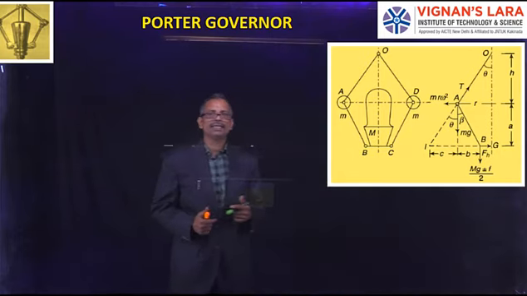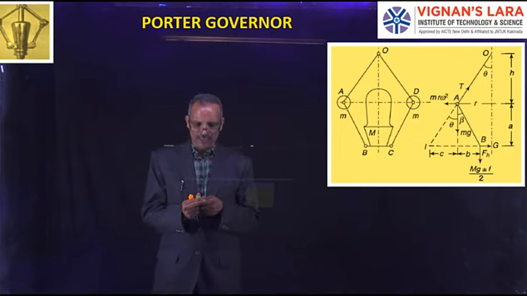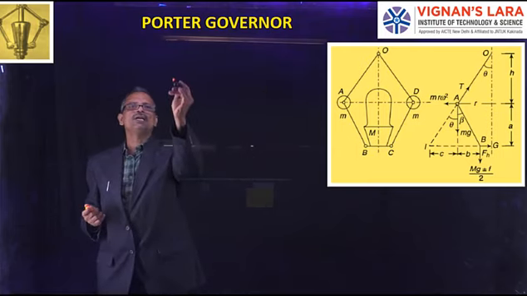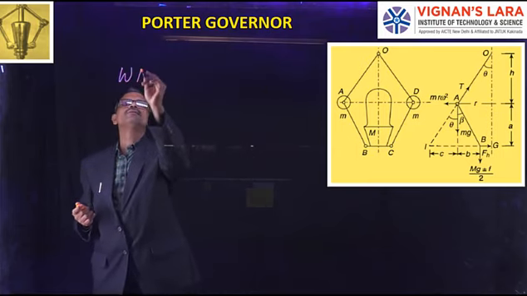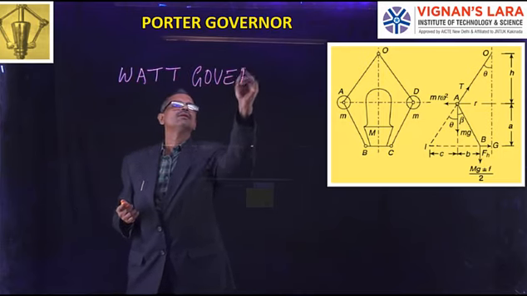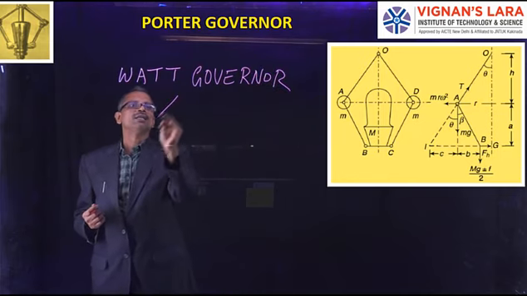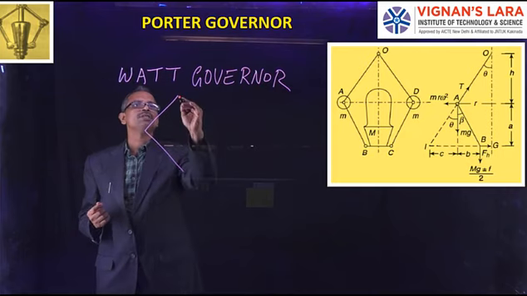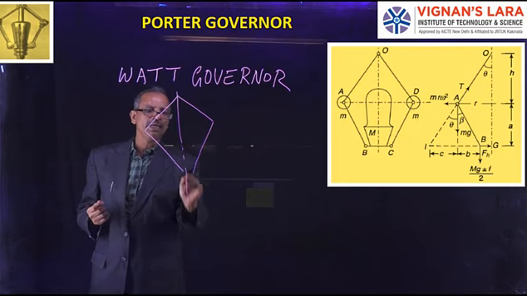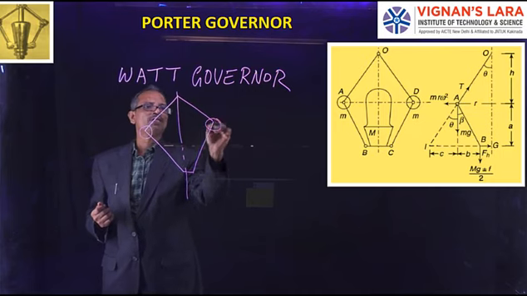Recall what we discussed yesterday in the case of a Watt governor. You have seen in the Watt governor the upper arms and lower arms, connected by extension links, and only fly balls are there.